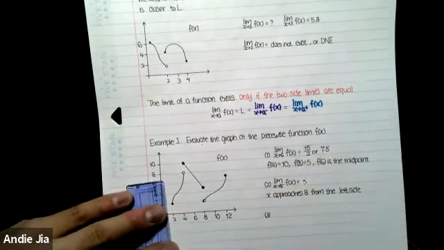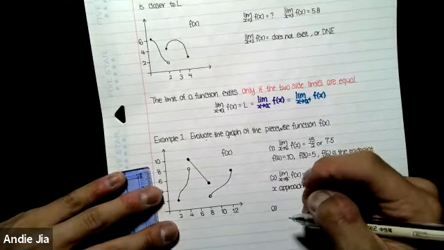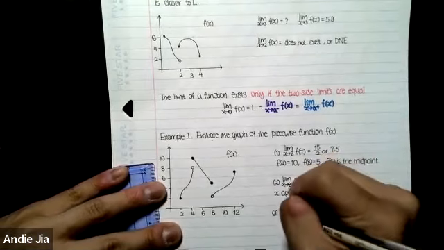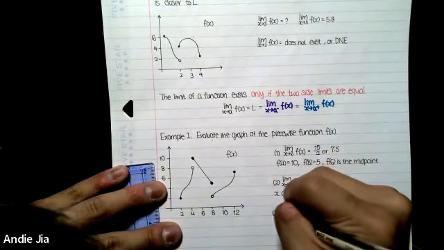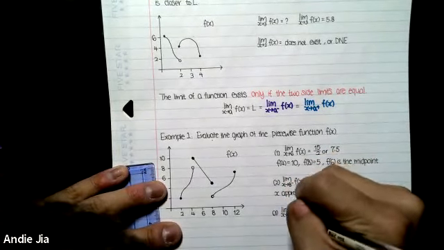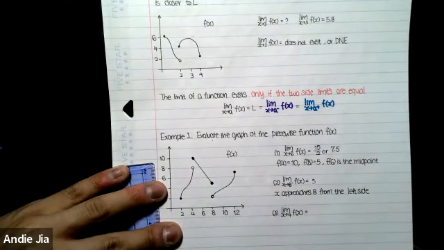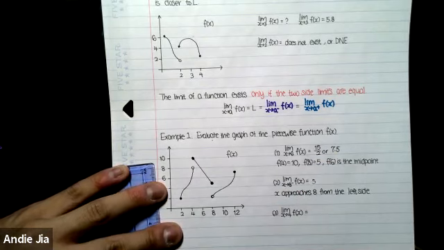And number 3 is a harder one, but you will get it. What is the limit of f of x as x approaches 4?